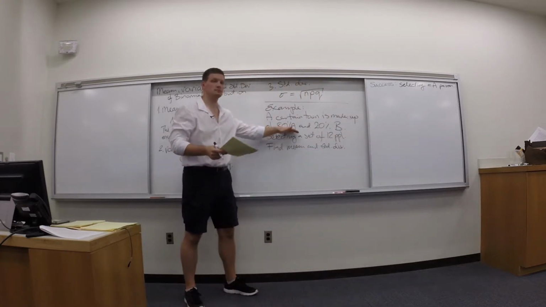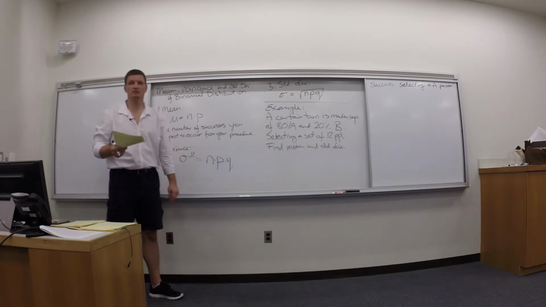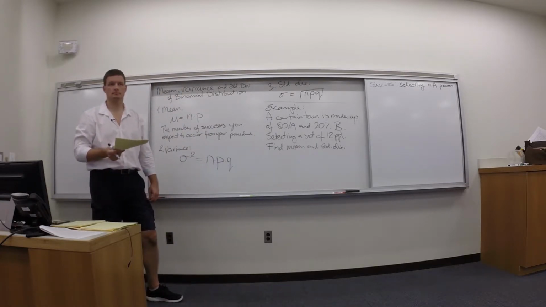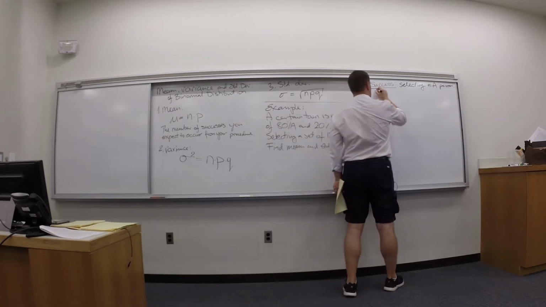Somebody from this population. Right? Randomly selecting an A. That would be a success. Well, then that means if you select a B person, that's a failure, right? So in this case, success would be this, and failure would be that.